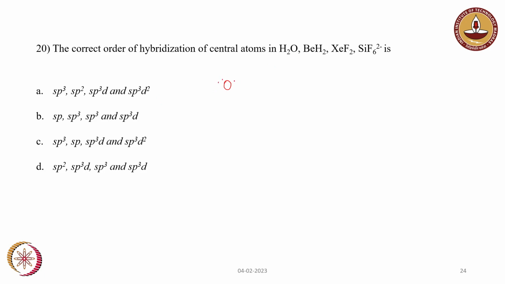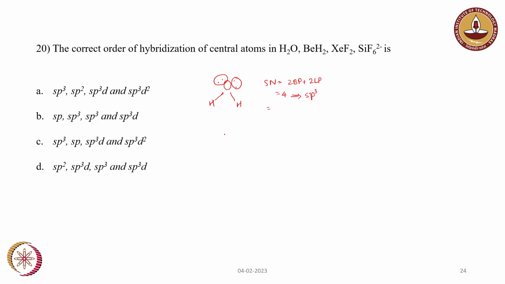It has 6 valence electrons, and 2 hydrogens are bonded. So it has 2 lone pairs and 2 bond pairs. So the steric number is 2 bp plus 2 lp, that is 4. So 4 hybrid orbitals will be required to accommodate 2 lone pairs and 2 bond pairs. So it will be sp3 hybridization.